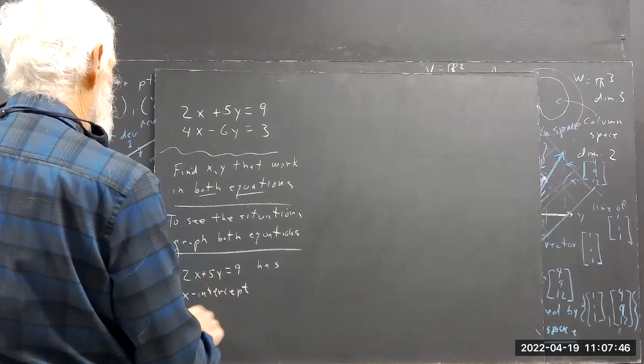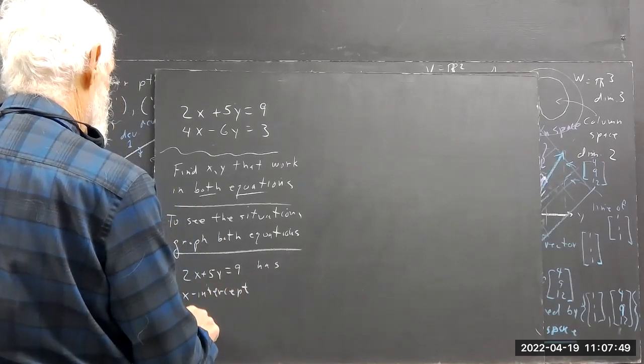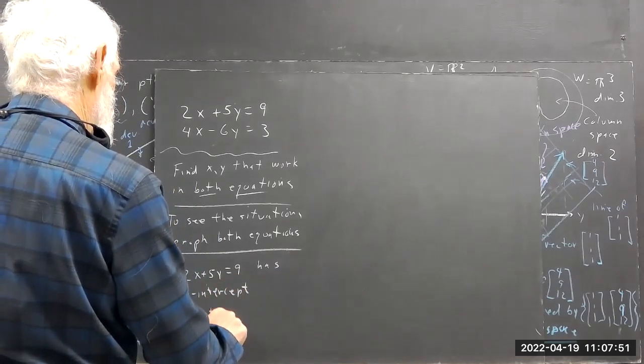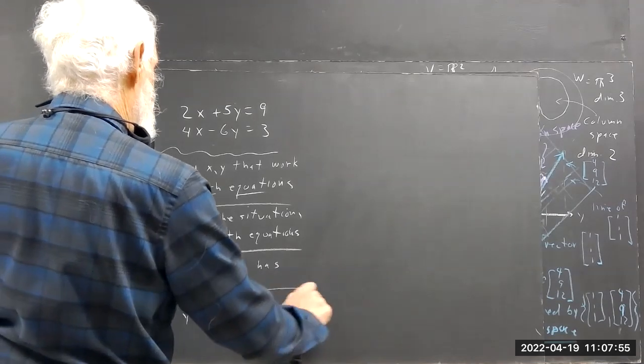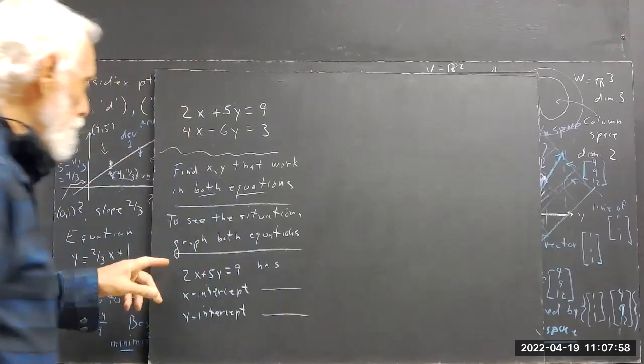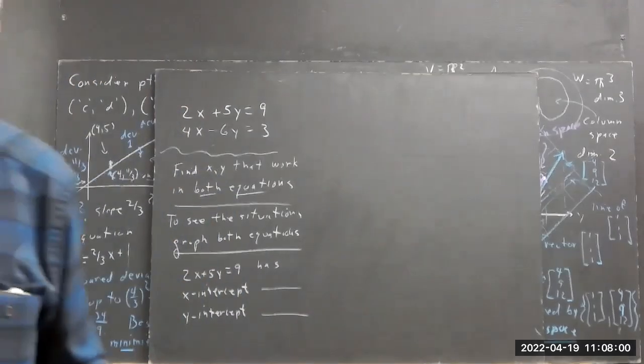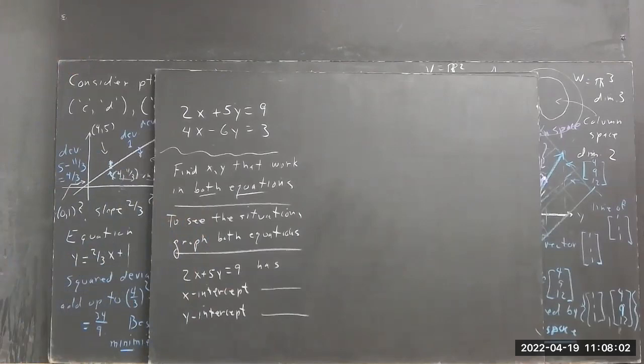Easiest way to graph these equations right now, the equation I gave you, is to find the x-intercept and the y-intercept of each one. So work it out. Find the x-intercept and the y-intercept of this equation. Now, we've found intercepts of rational equations and all kinds of complicated things. This is pretty simple. You just have to know what does it take to find an x-intercept, what does it take to find a y-intercept.